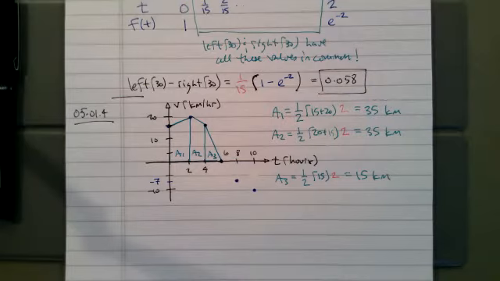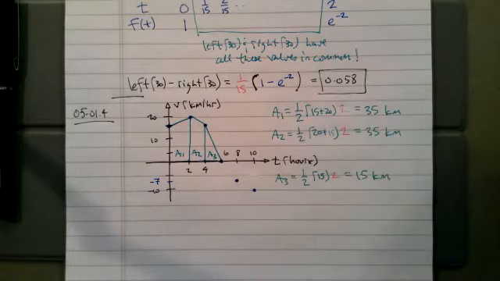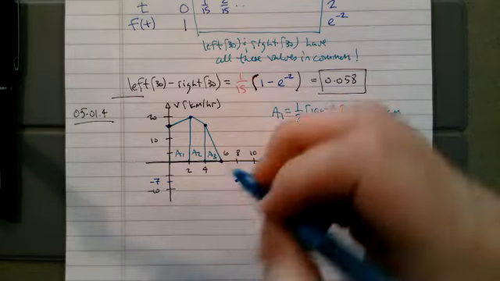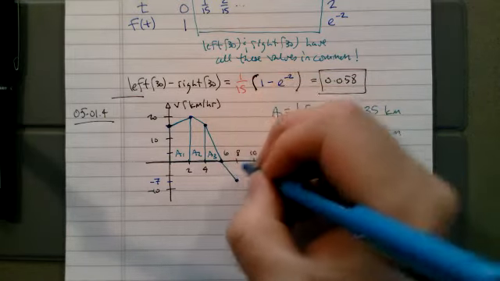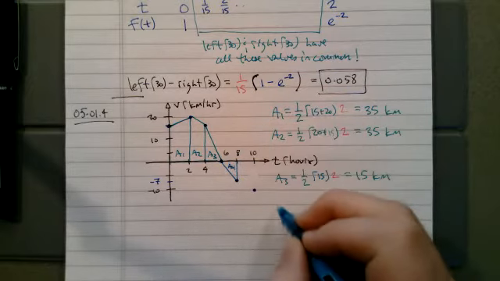Now, at 6 hours, we've turned around and we are headed back home. So between 6 and 8, that's going to be A4.